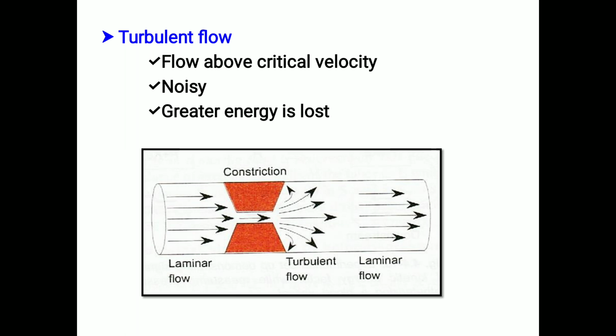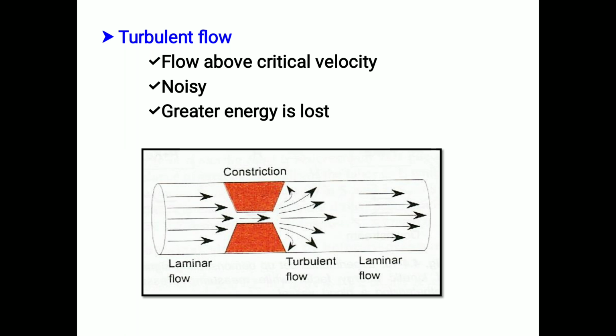This creates a noisy flow, and generally here the flow is above the critical velocity. The normal sites of turbulence are the ventricles and the aorta. None of the small resistance vessels of the vascular system show turbulence.